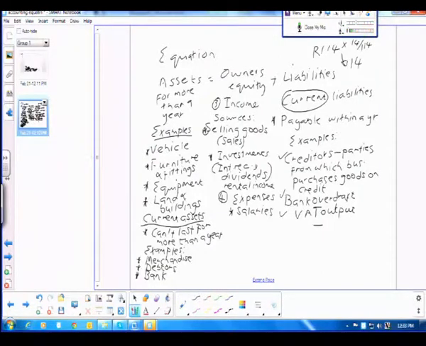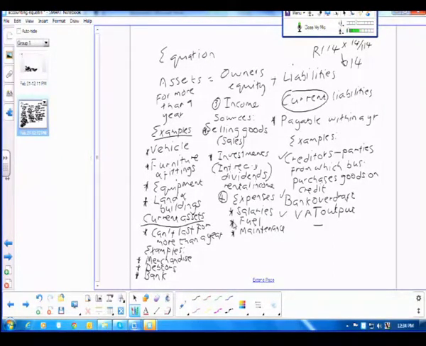The trucks will need to be maintained. So what will we need? Fuel. We may have to take them for maintenance. And what about when you order goods from your suppliers?